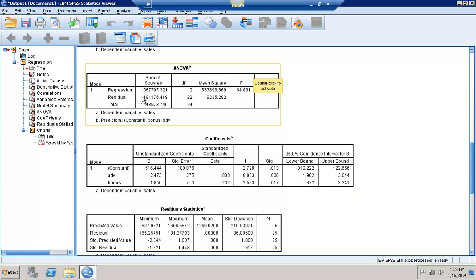The SSE for my reduced model, the one that only has bonus and advertising, is 181,176.419. That is actually my sum of squared errors. Even though it says sum of squared residual, remember residual means error. So that's the SSE I will use to do my analysis.